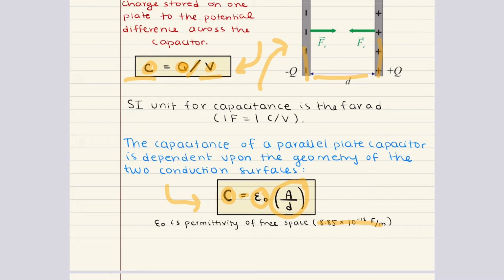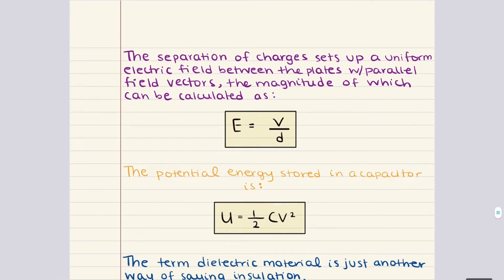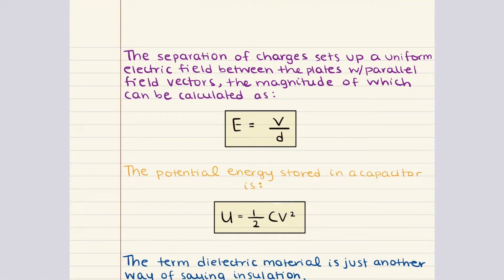Now, when charge is stored on a capacitor, an electric field is established between the plates. This field is uniform, and it points from the positively charged plate to the negatively charged plate. And the magnitude of the electric field between the plates is given by this equation.